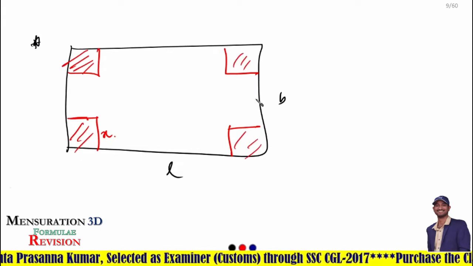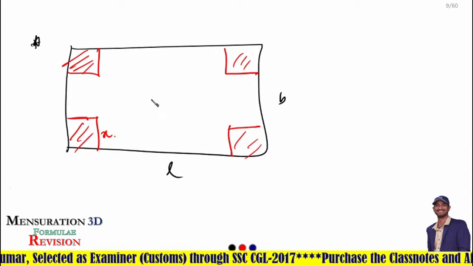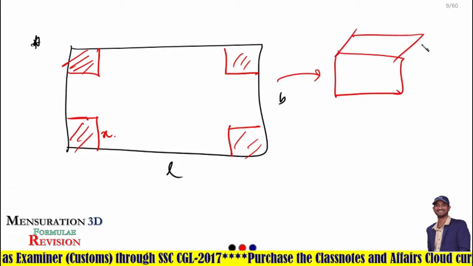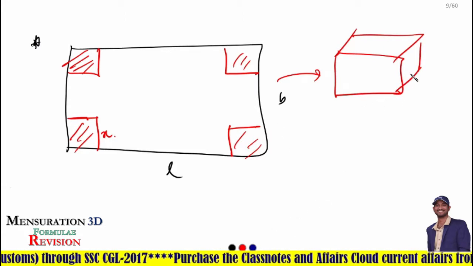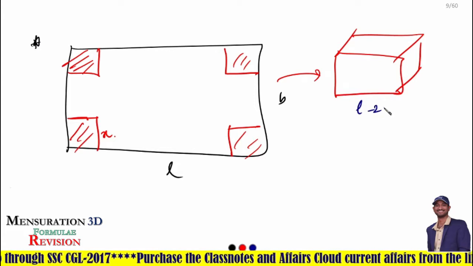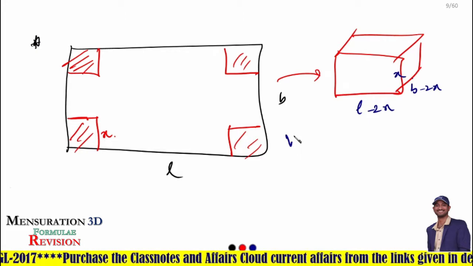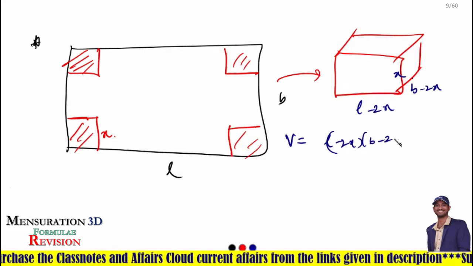Okay, so if I fold the remaining rectangular sheet to form an open box, then this open box has the dimensions L minus 2x, B minus 2x and x. So what is the volume of this box? (L minus 2x) into (B minus 2x) into x.